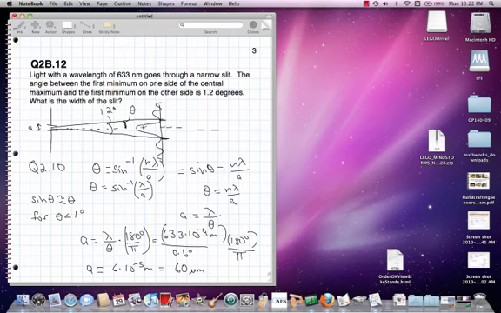I would end up with something that looks like this, where this would be the pattern for my single slit, and what I would have for my double slit would be something that looks like that. This would keep going over here and over here.